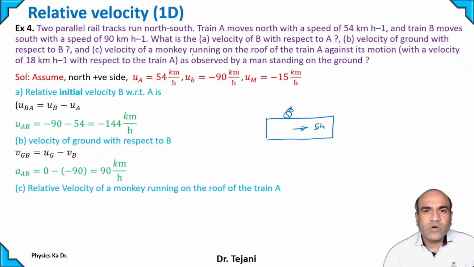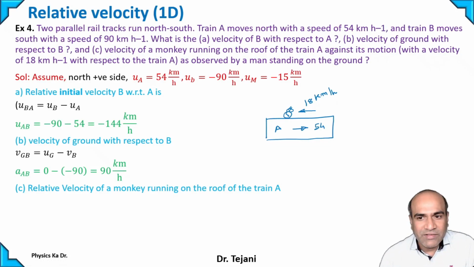Right. A velocity of monkey running on the roof of the train A against its motion with velocity 18 km per hour. That means monkey's velocity is in the opposite direction, that is here 18 km per hour with respect to train A, right?